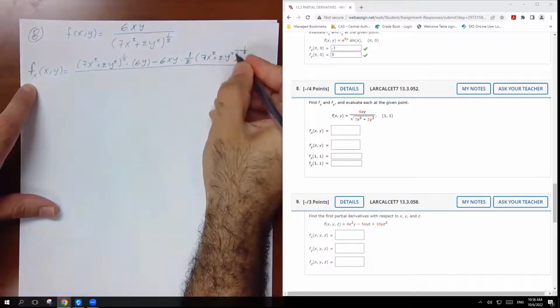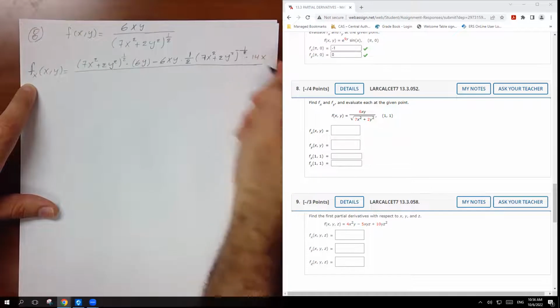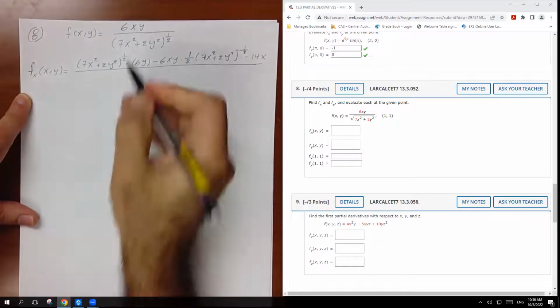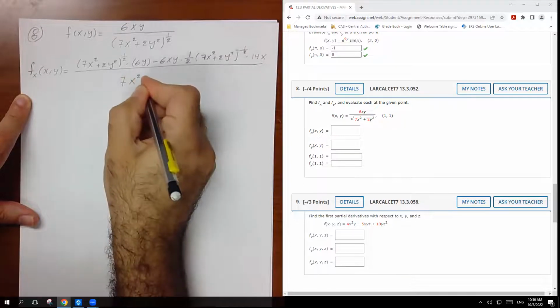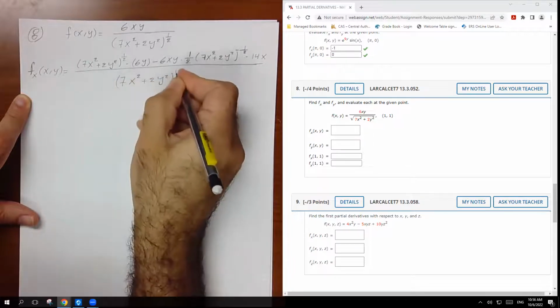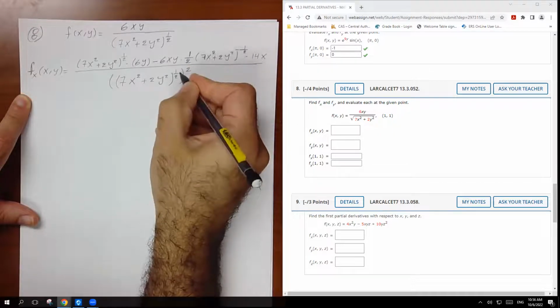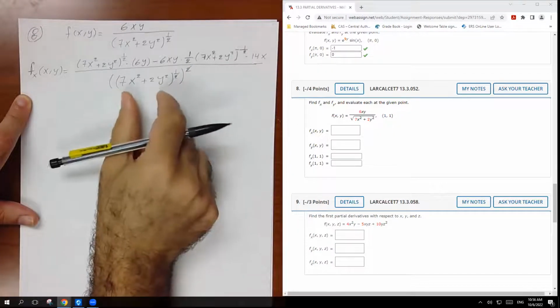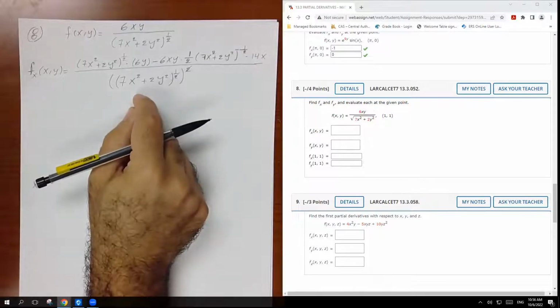This is 0, so it's going to be 14x, over 7x squared plus 2y squared. This is half, and I'm going to square it, so we're just going to cancel this one with this one. So the left is 7x squared plus 2y squared.